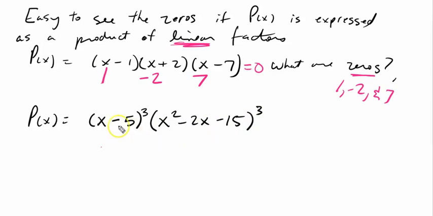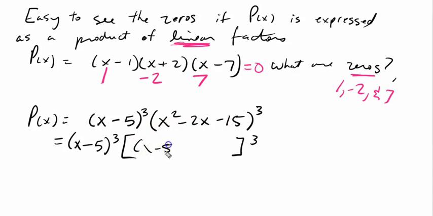Okay, well, that is linear. What is inside there is not linear. So if I'm going to see what all the zeros are, I need to get it into linear factors. So once again, we just factored this earlier, and that turns out to be x minus 5 times x plus 3.